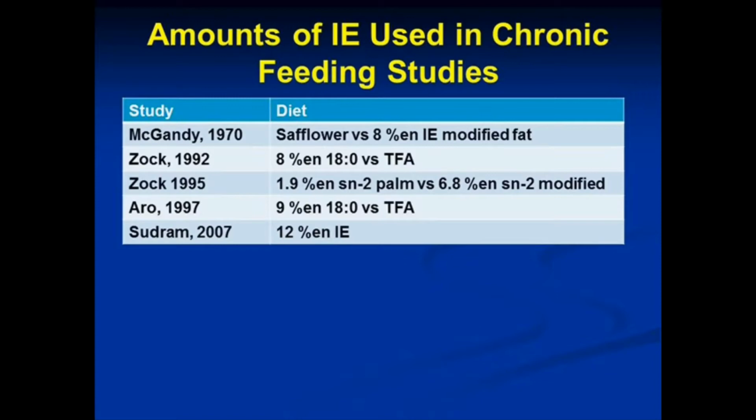So again, we're looking at amounts that are relatively high compared to where we think the upper exposure would be for most of the people in the population. Again, that's probably between 4 and 5%, depending on whether it's soybean or palm oil coming in. So we're looking at doses that have been used that are relatively high.